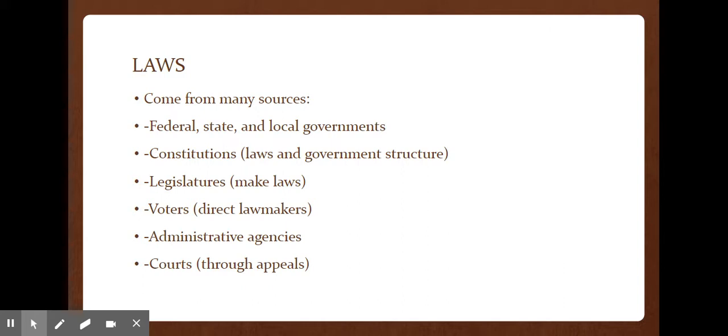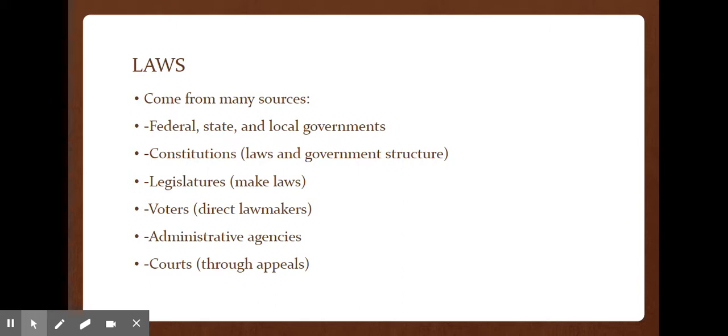You have administrative agencies, which have the voice of the law. I'm thinking in the federal government of some of the policies like, here recently, the CDC, the FDA, the Environmental Protection Agency, the EPA.